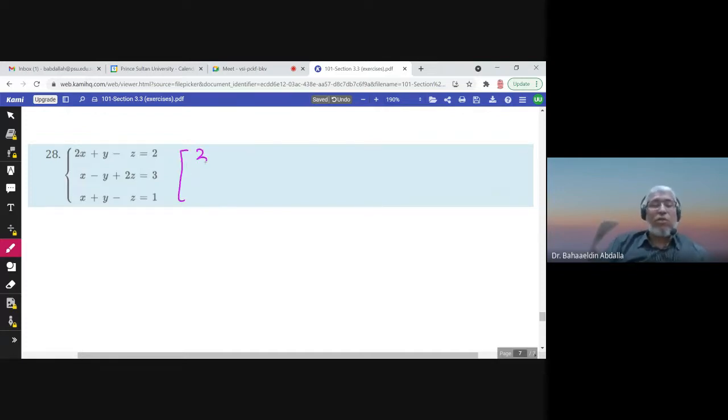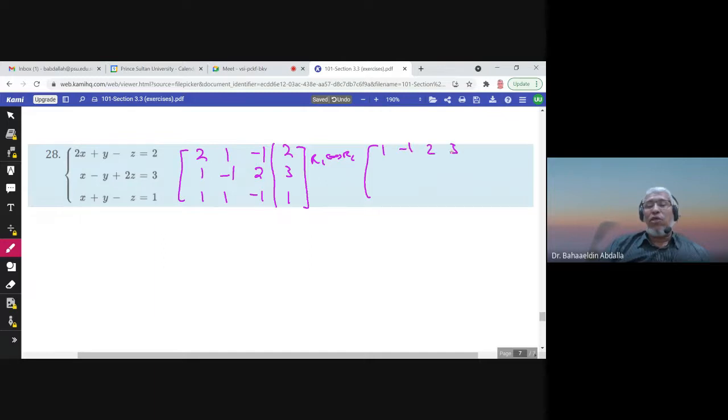Another question. The augmented matrix. Pause the video and try to solve it by yourself. Well, I need the first number to be 1, so I will interchange row 1 with row 2.